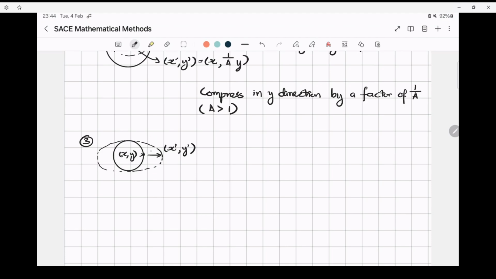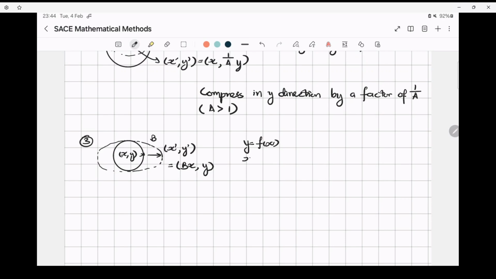Let's say this stretch factor in the direction of x is b. So x prime is b multiplied by x. Your y prime stays the same, which is y. We still let y equal f of x.